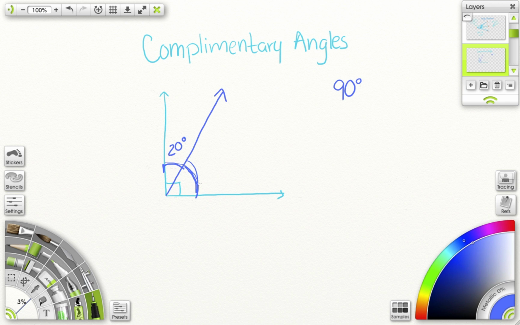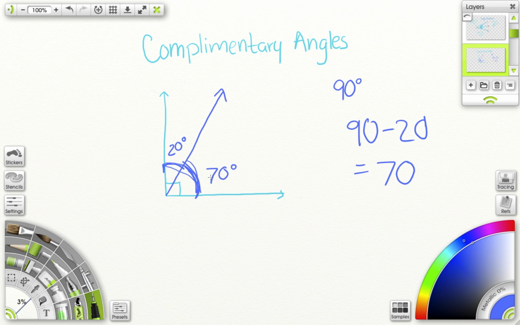These two angles together must add up to 90. So all you have to do is take 90 minus 20, which gives you 70. So that means this angle here would be 70 degrees, because if I add up 20 and 70 together, it equals 90 degrees. So complementary angles mean 2 or 3 angles added up together have to equal 90 degrees.